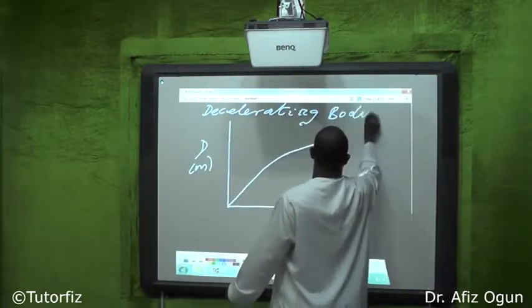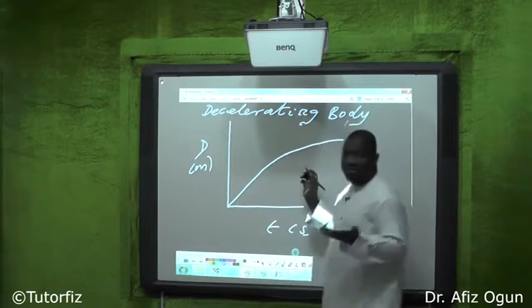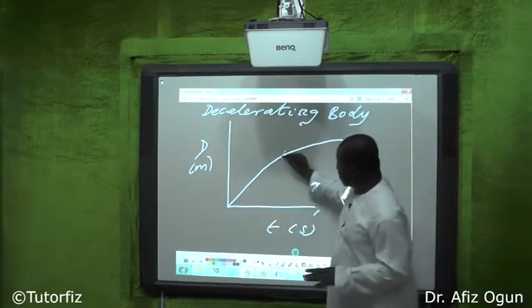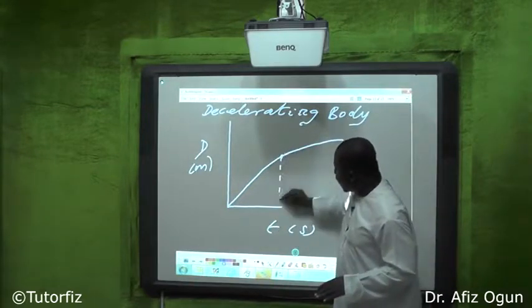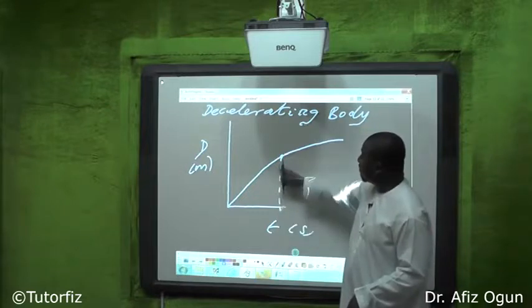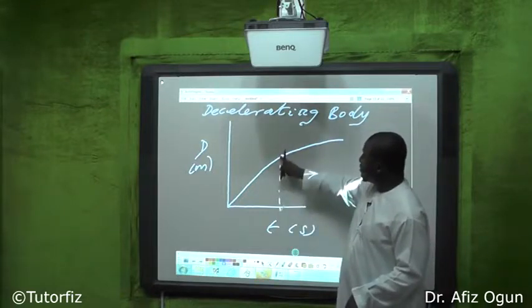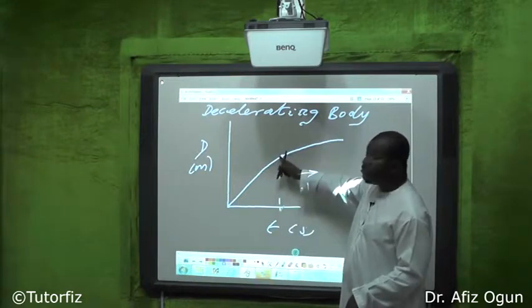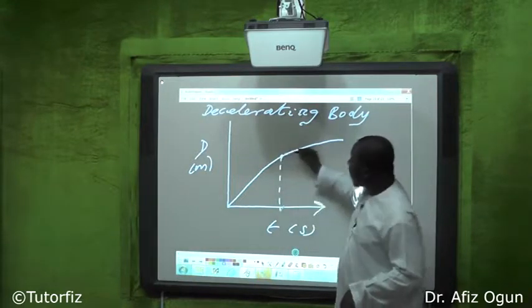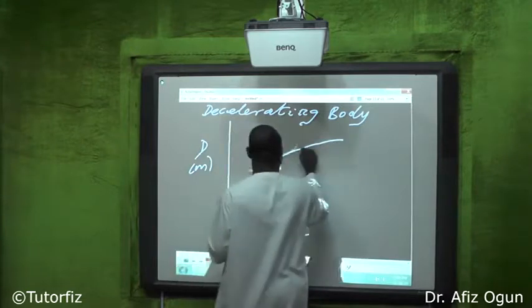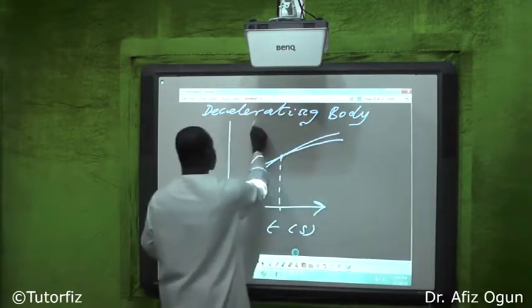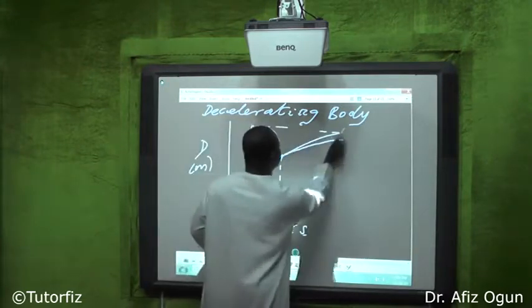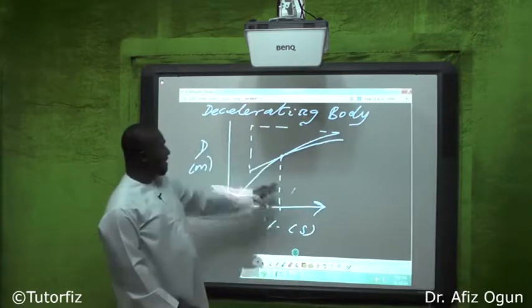And you can get the gradient the same way. They'll tell you at what time. You check the time, put your ruler to touch that point, the time, and your slope. Then draw your straight tangent there, and of course, you rise over run, and get the speed at any point.